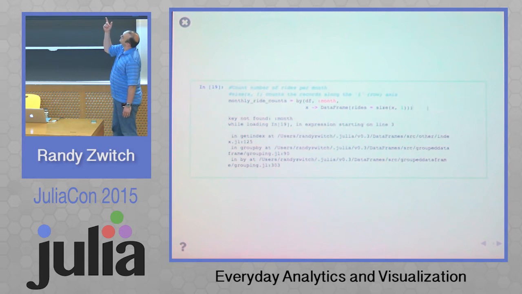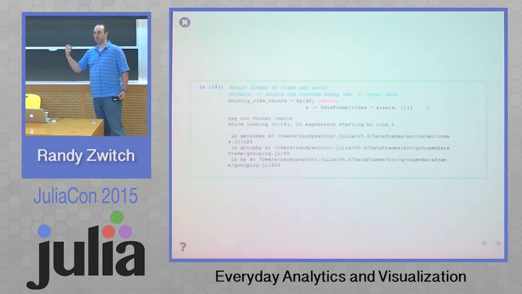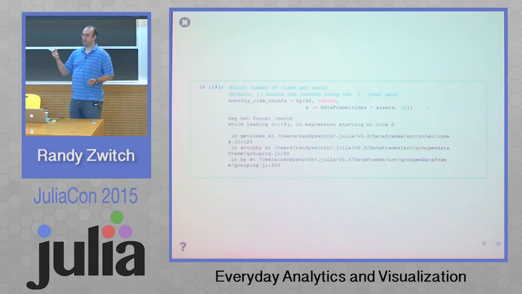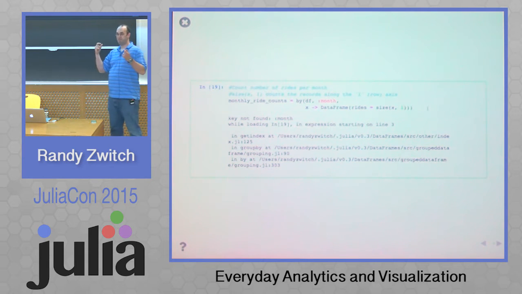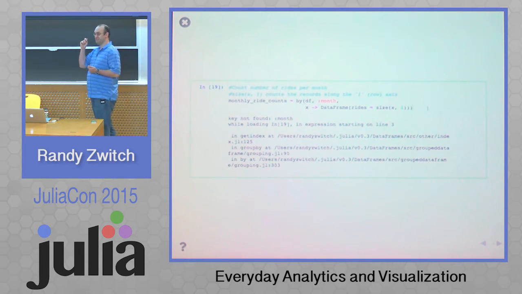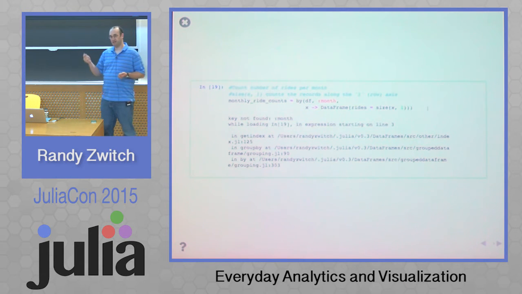If you use the size function, it will tell you how many rows you have in a data set. And the by function here breaks up a data frame by the column that you're using. So I'm applying the size function to each of the by groups, and in this way, you're getting a count of the number of rows per month, where each row represents a ride that somebody took on a bicycle.